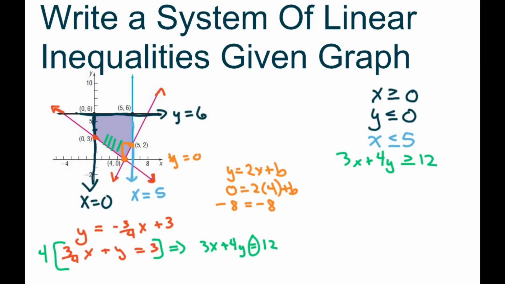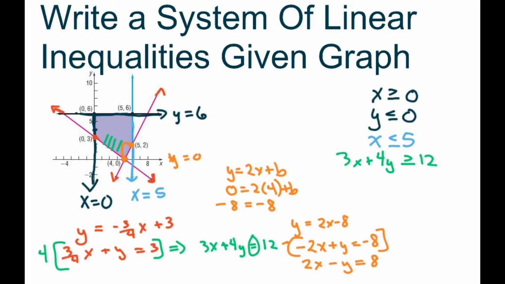So now what we have is y equals 2x minus 8. We want to write this in standard form, so I move the 2x over to the left. You get negative 2x plus y equals negative 8. And then we want to not lead with the negative, so we'll negate the whole thing, and you get 2x minus y equals 8.